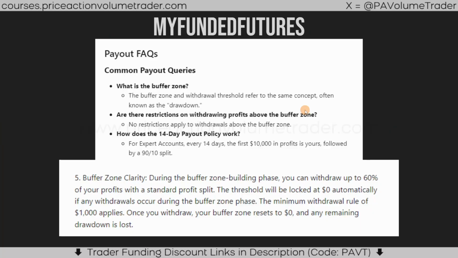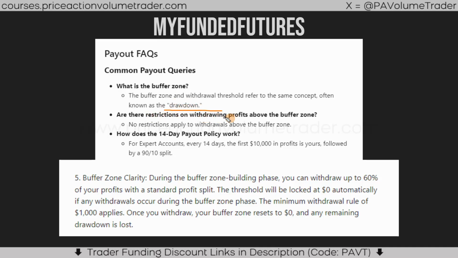So let's read some examples from the companies that I mentioned, and you can do this for any company. Just go into their frequently asked questions or their help center and look for the threshold requirements in order to take payouts. So My Funded Futures, this is from their website: Buffer zone and withdrawal threshold refer to the same concept, often known as drawdown.